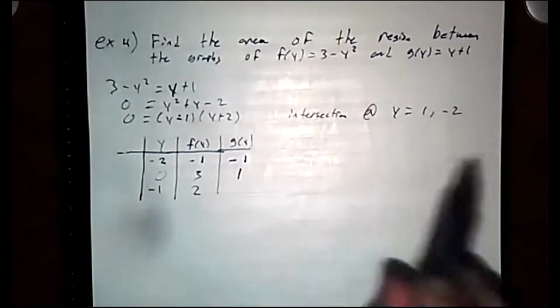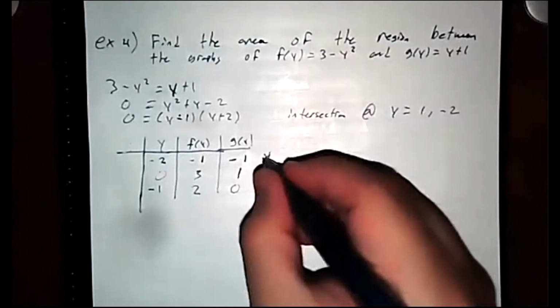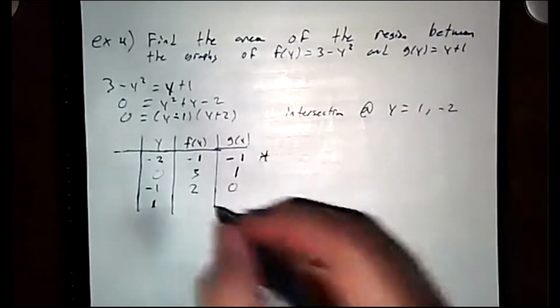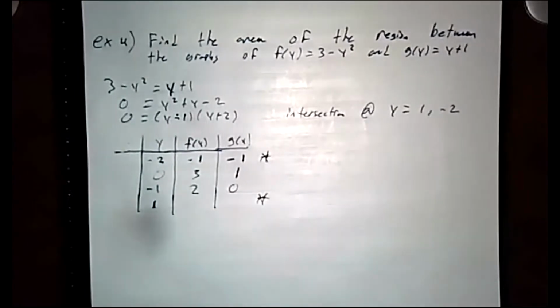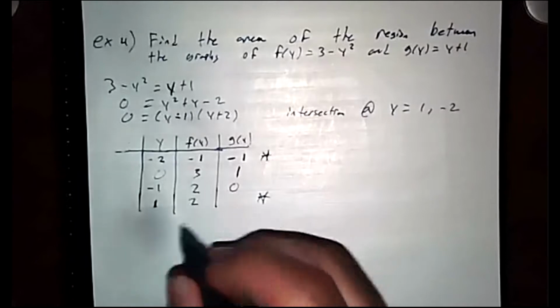Excuse me, negative 1 plus 1, 0. Another asterisk my intersection points. So plug in 1, I get 2 and 2.